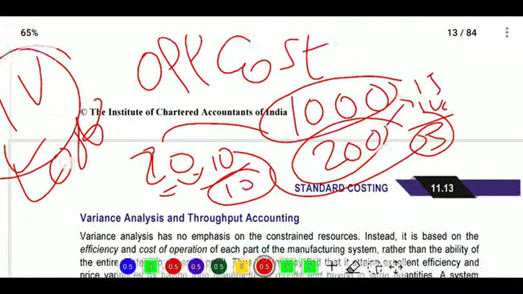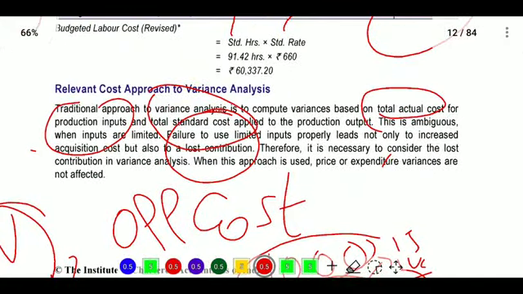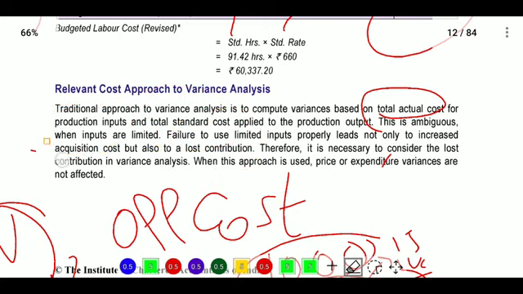Where we fail to use limited inputs properly, it leads not only to an increase in acquisition cost but also to loss of contribution. When you do not use your inputs properly and want to purchase again, you are purchasing a small quantity, so your purchase cost will increase, the cost of acquisition will increase, and you will also lose the contribution.